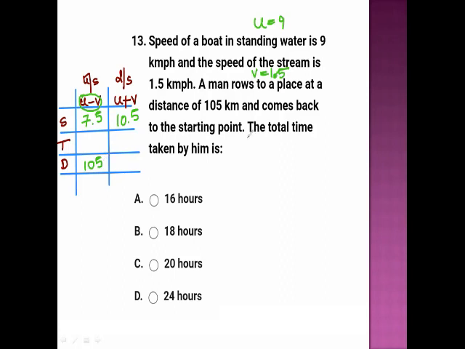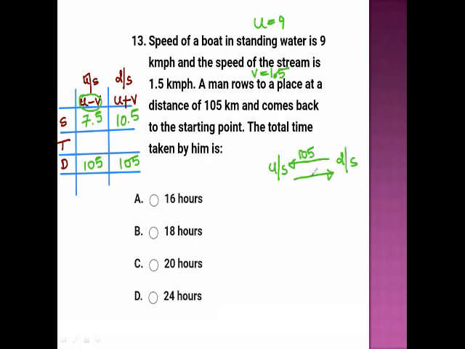Suppose this is the upstream side and this is the downstream side. The person goes and comes back, so he does it 2 times, and each time he is moving 105 kilometers. That's why I'm writing 105 as well as 105 kilometers. Then what is the total time taken by him?